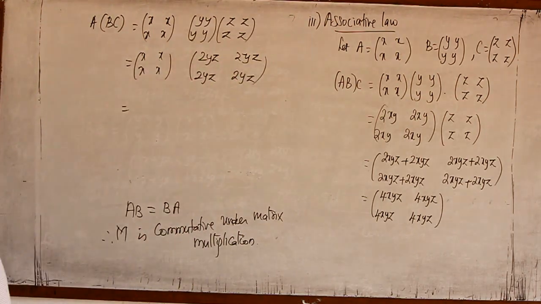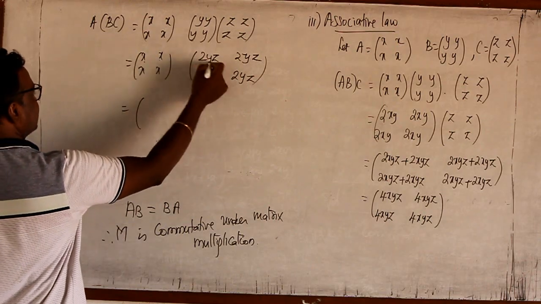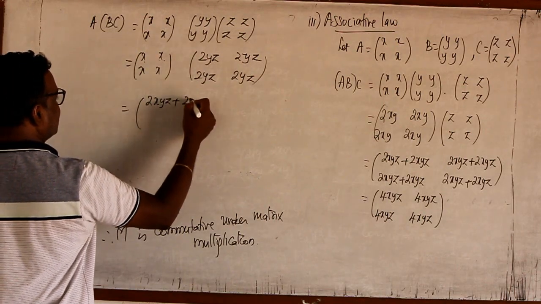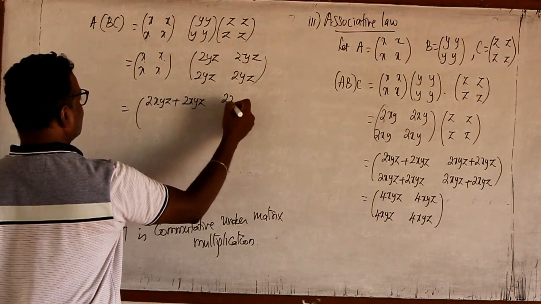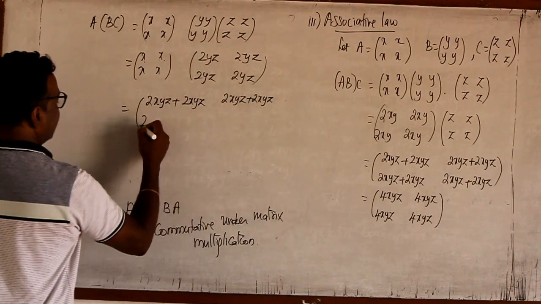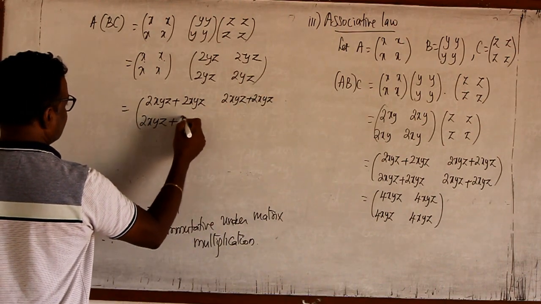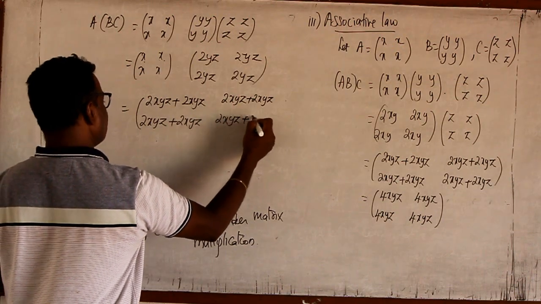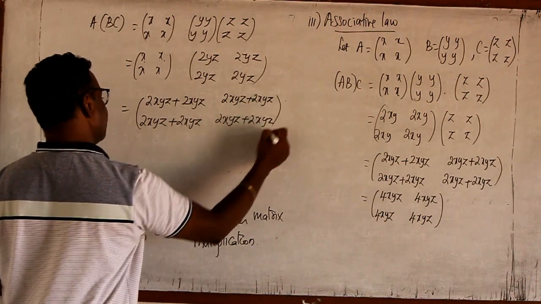Now we shall multiply row by column: 2xyz plus 2xyz in each entry.